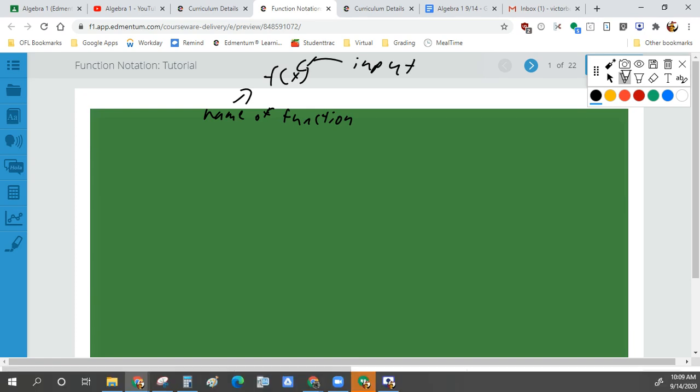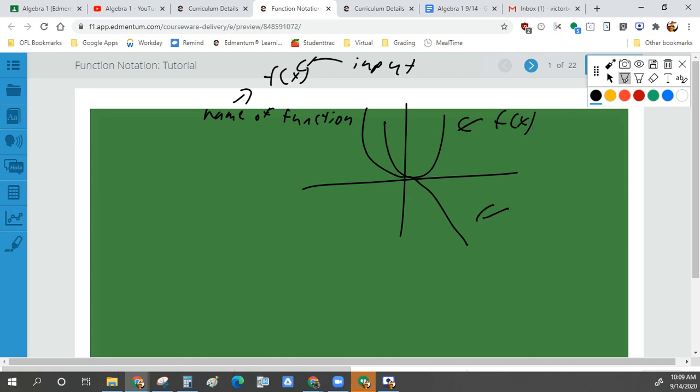Now, the reason we do this is in case you have a bunch of graphs, you can't just call them all y. If you had a graph like this, you'd say, oh, this is our function f of x. This is our function f. And here's another graph, this is our function g. So that's usually how you would notate functions, because y is just whatever's on the y-axis.